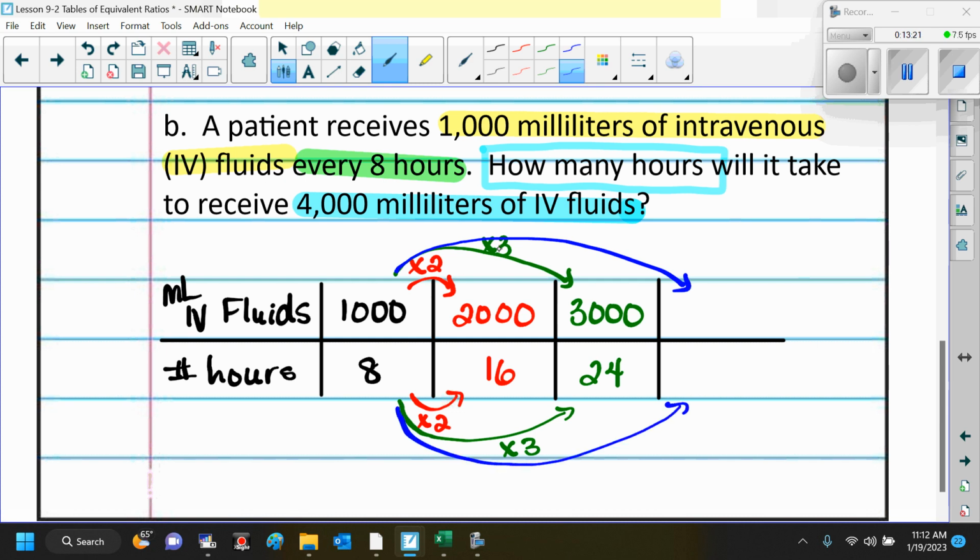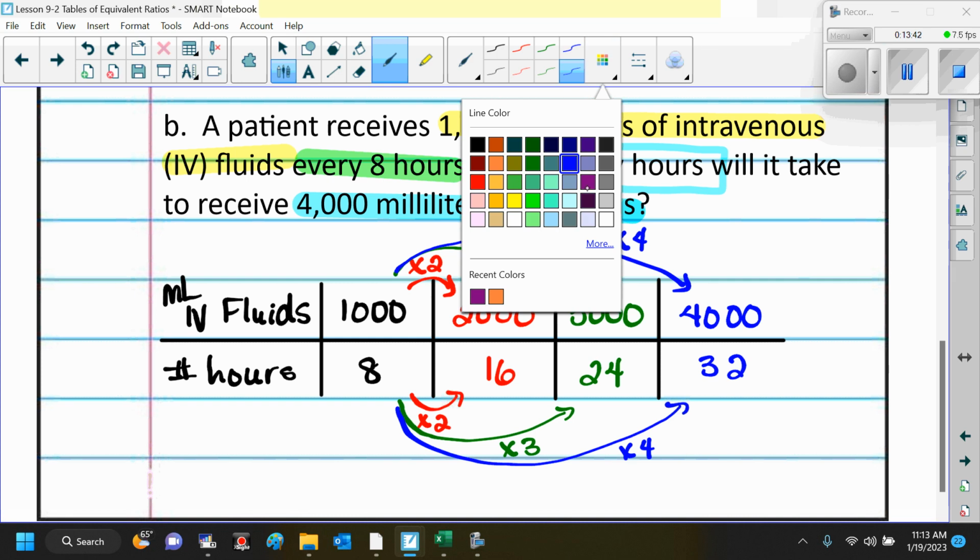So now we multiply times 2 times 3, and now we're going to multiply times 4 times 4. So what's that going to give us? 4,000 milliliters to how many hours? 32 hours. 32 hours. So, very good.